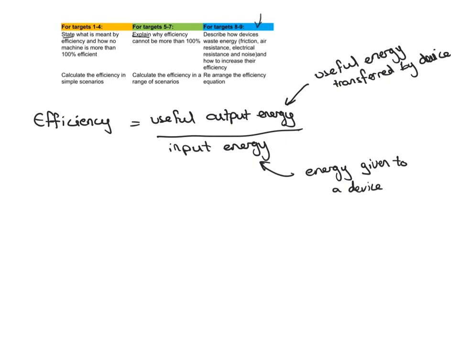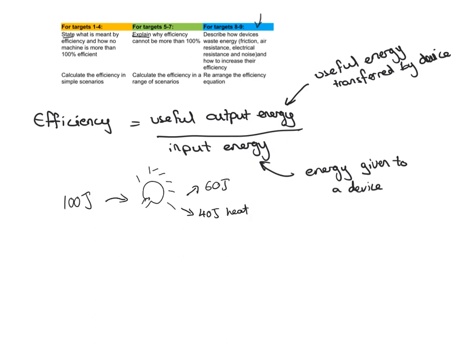So if I'm giving 100 joules into a light bulb, for example, and the light bulb only uses, for example, 60 joules of that as useful, as light, then that means that 40 joules of the energy is left as heat.